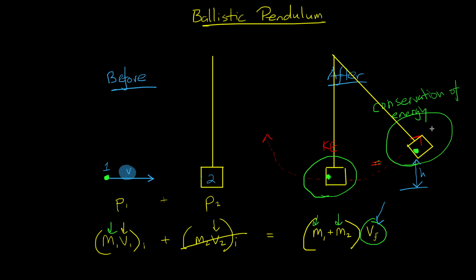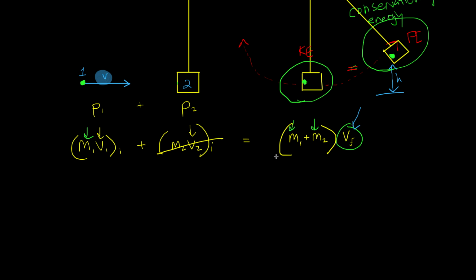So at the point where it stops, it basically has stored up all of that mechanical energy in the form of potential energy. And so we can say the kinetic energy that it has at this point equals the potential energy that it stores up at that point. And so, the equation can actually be written as kinetic energy equals potential energy.